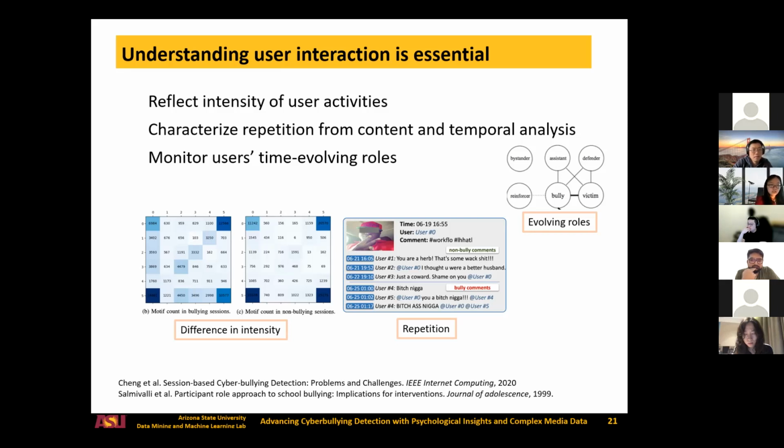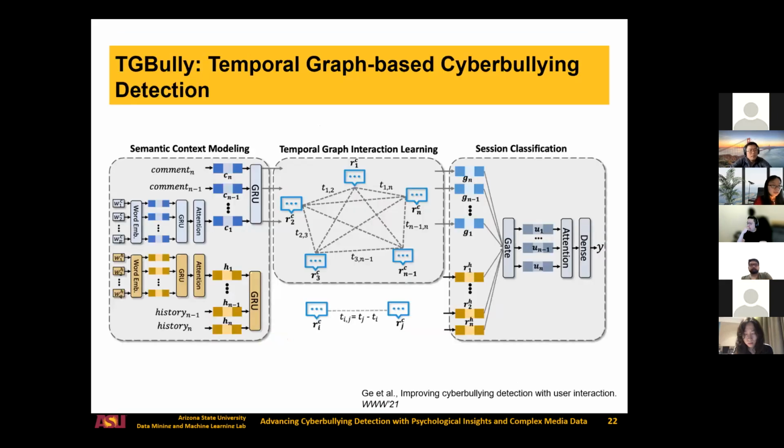And then the question is, how can we model this user interaction? So here is a framework called TG-Bully, temporal graph-based cyberbullying detection. It has several components. The first one is semantic context modeling. Basically, we want to model the semantics in each social media session.